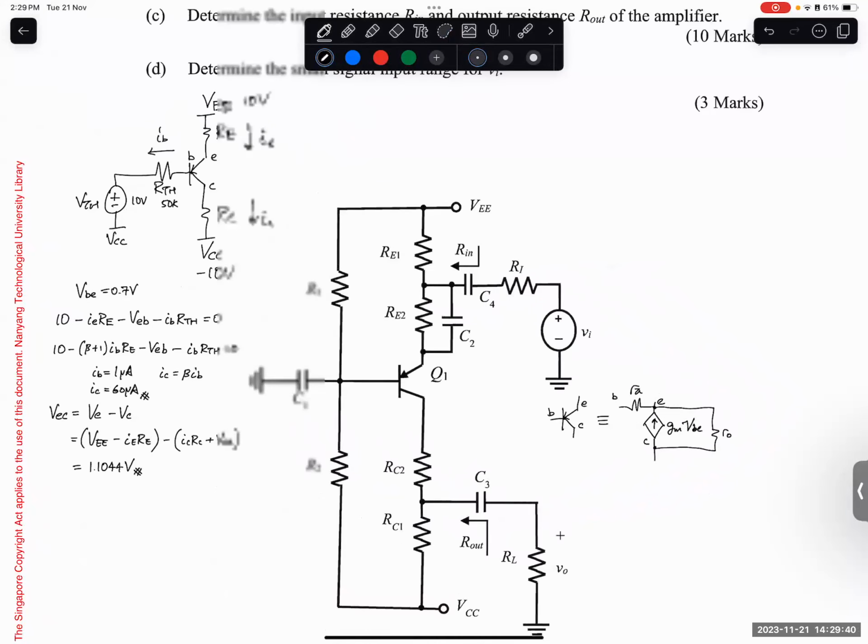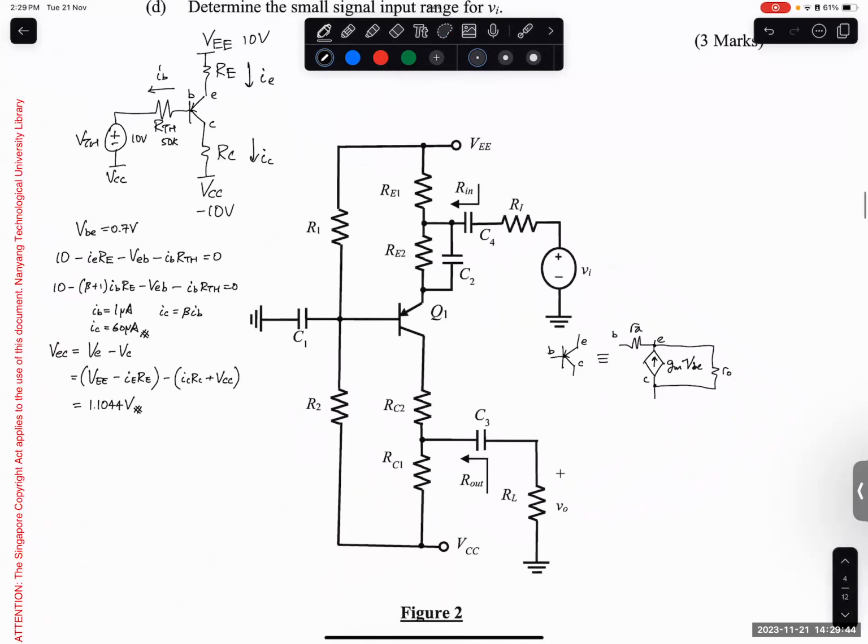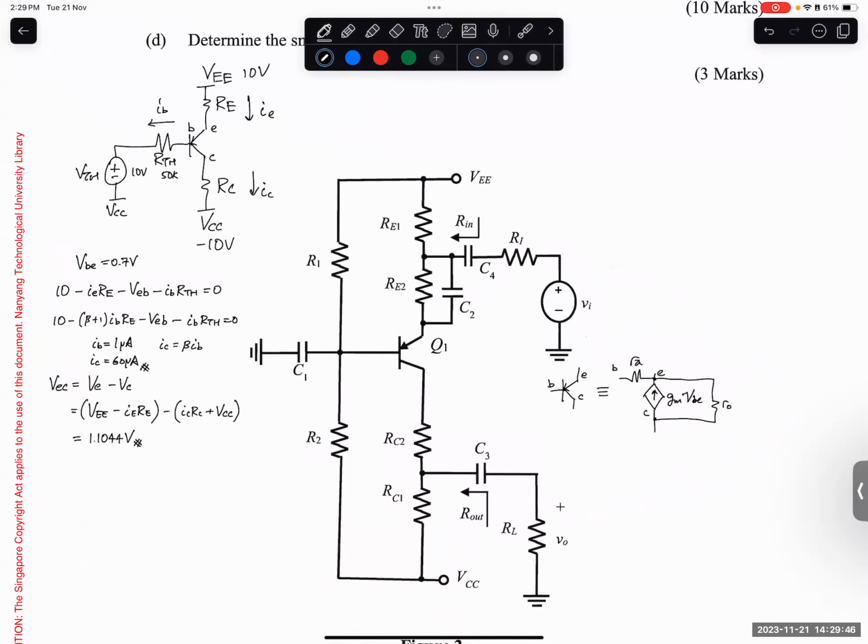Continuing. Why don't you believe me? No, because this is a different drawing. They are the same, across the B and E.